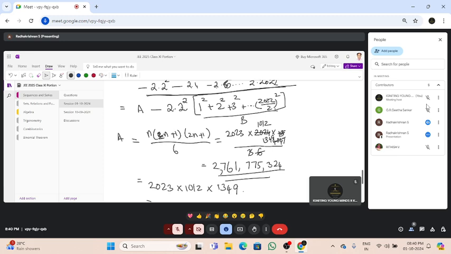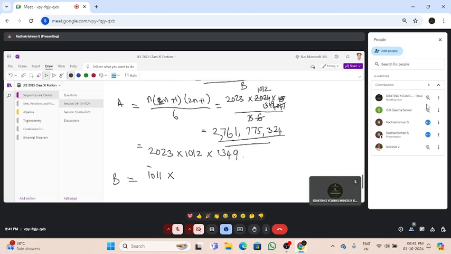So B is, I'm taking only this series, 1 square plus 2 square plus 3 square and so on up to 1011 square. So that will be 1011 into 1012 into 2n plus 1, 2023, whole divided by 6.